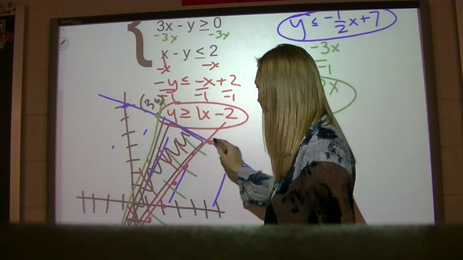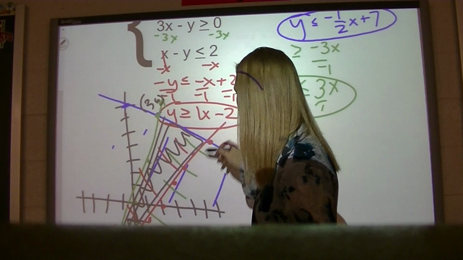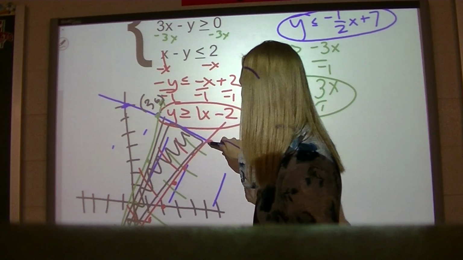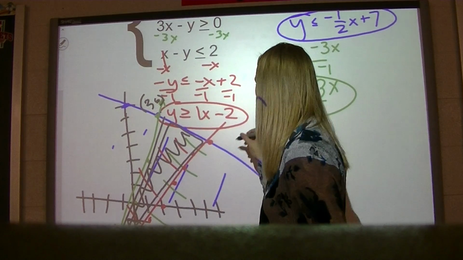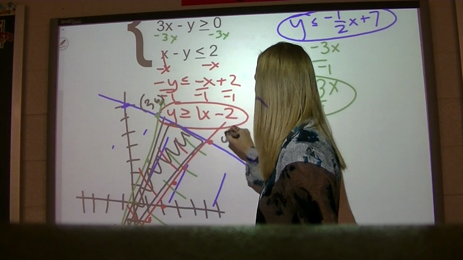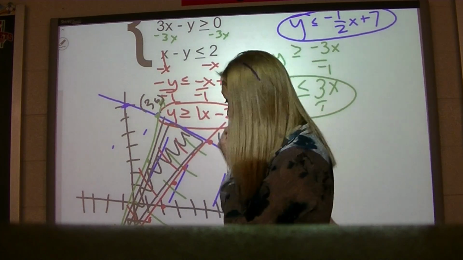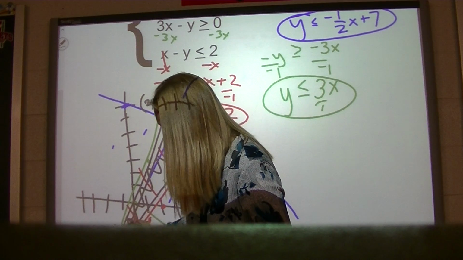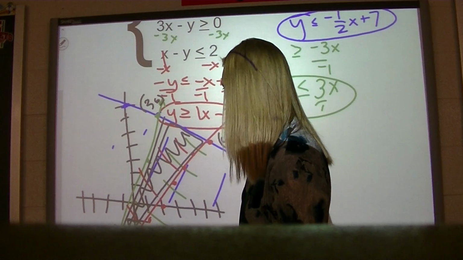That corner, this corner, which is going to be 1, 2, 3, 4, 5, 6, 4, looks like. And then we have this one, which is -1, -3.